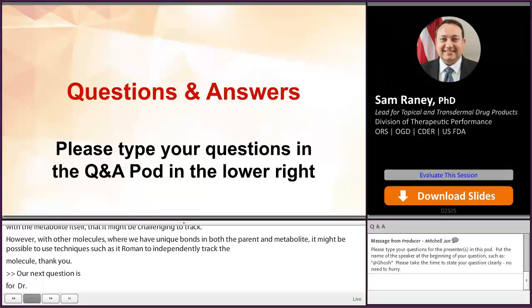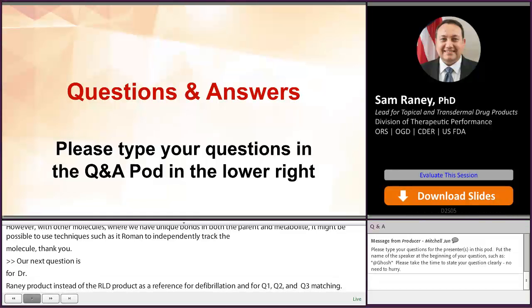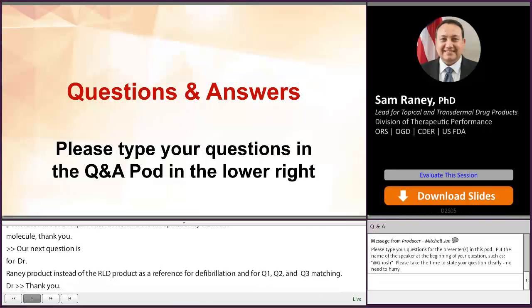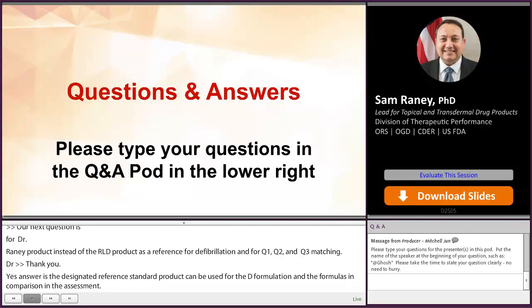Thank you. Yes, the short answer is the designated reference standard product can be used for the deformulation and for the formulation comparison and assessment. This is a good question because unlike products that are required to be Q1, Q2 identical, in which case every generic that's approved is Q1, Q2 identical to the RLD product, and even if one of those becomes designated as the RS, it would still be the same.